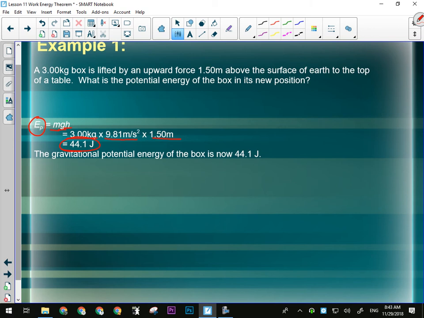Now, incidentally, it now has that much energy. How much work did you do to lift it there? That much, exactly. Remember, we said yesterday that work is a change in mechanical energy. On the ground, that box would have 0 energy.